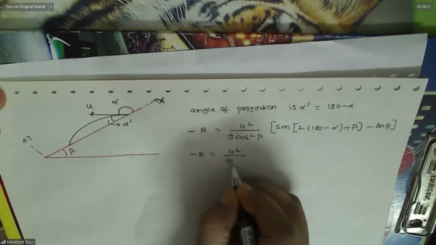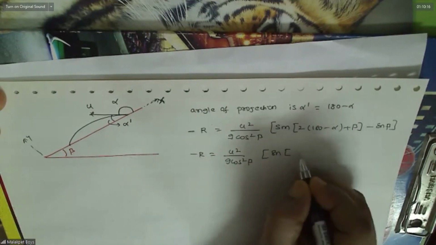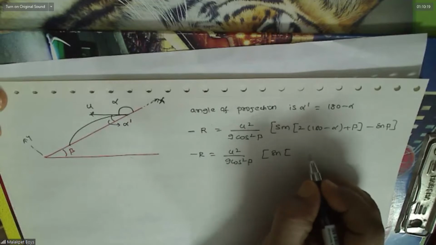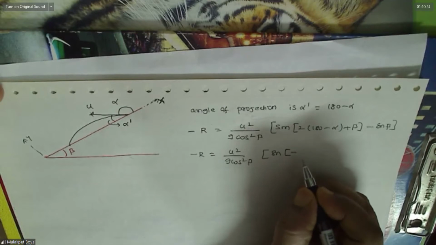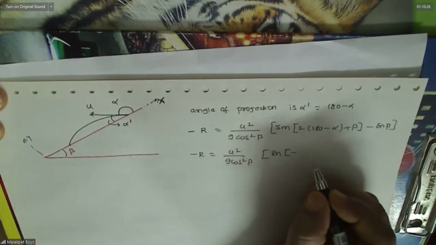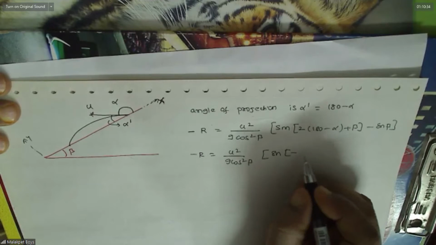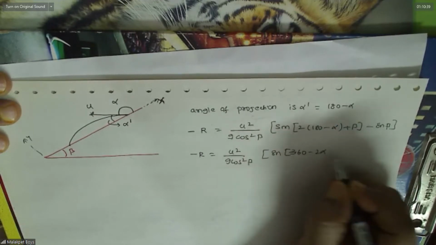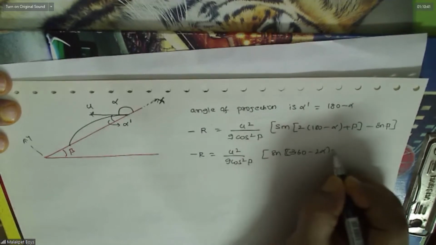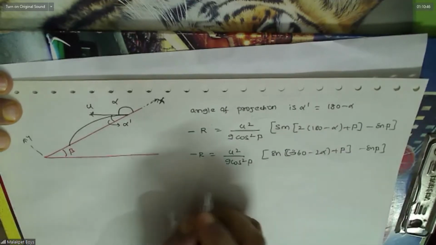Sine 180 minus 360 minus how much it comes to? Sine 2 alpha plus beta. Sine 360 minus 2 alpha plus beta. Agree?